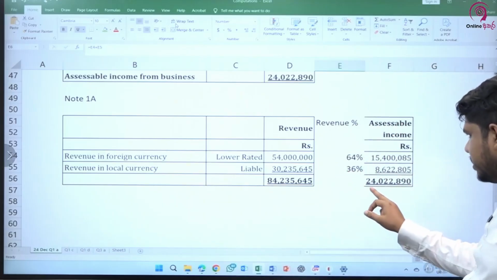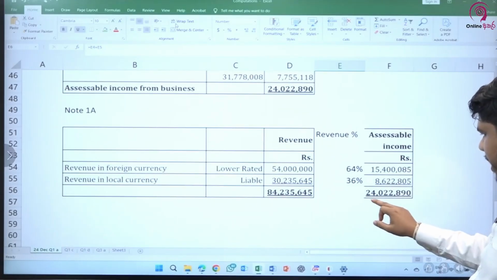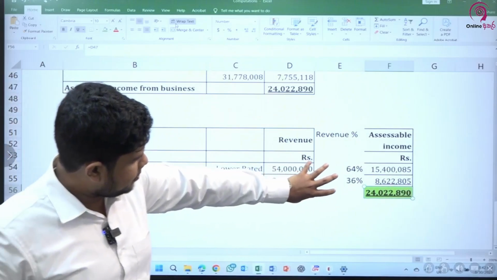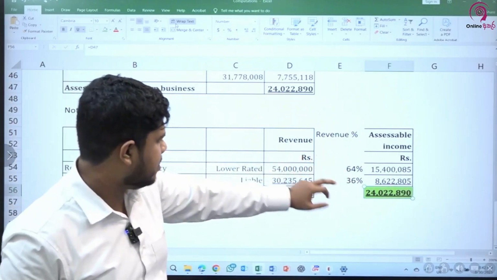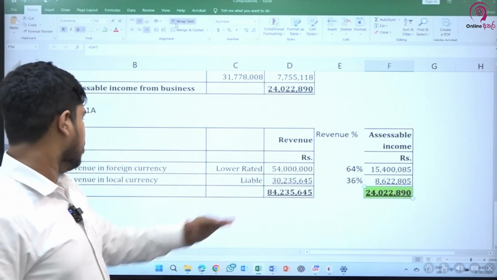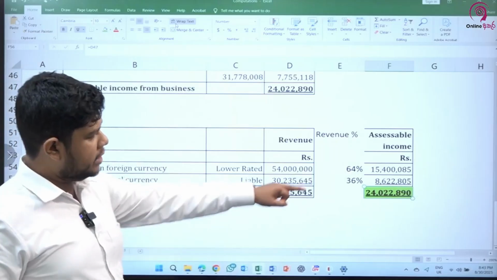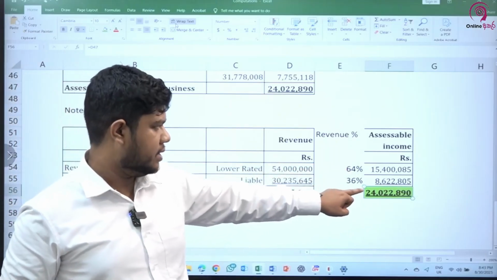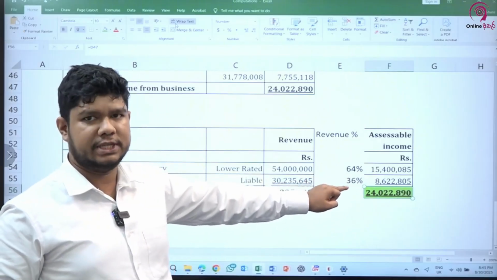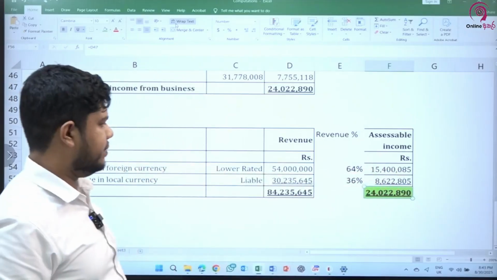Now you take this 24 million, the assessable income from business, and find the relevant assessable income for foreign income and for local income. How do you do it? 24 multiplied by the foreign revenue 64% equals 15 million. 24 multiplied by 36%, which is the local revenue. So you take it and mention it in this table.